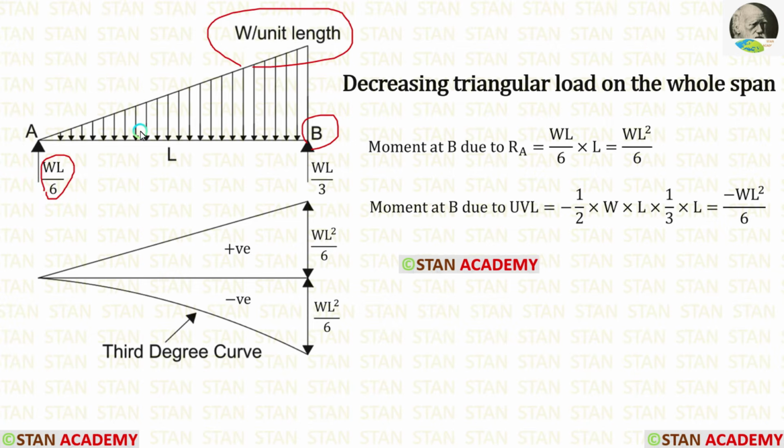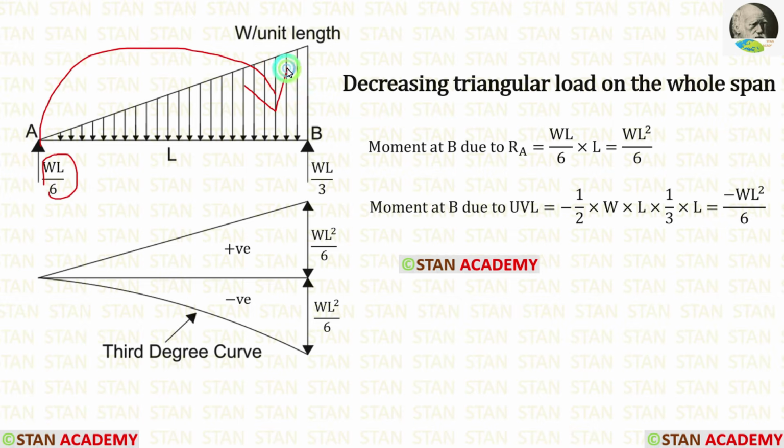The reaction at the point A is acting towards the point B in the clockwise direction, so it will be positive and the distance is L. So WL by 6 into L, we will get WL square by 6. The shape of the bending moment diagram will be a triangle.